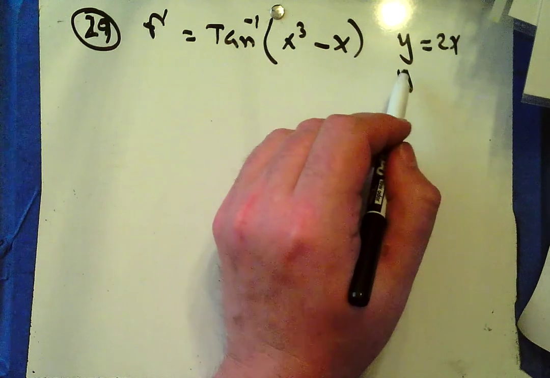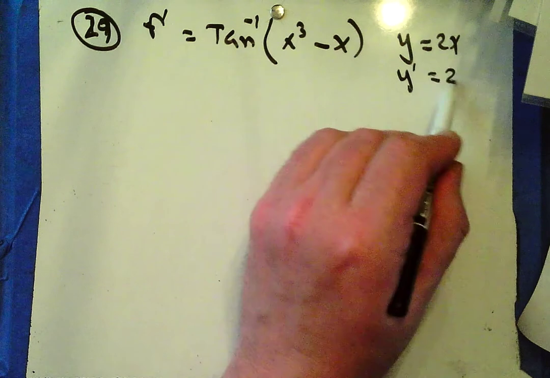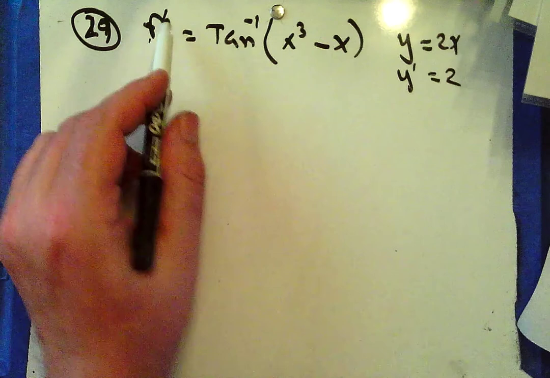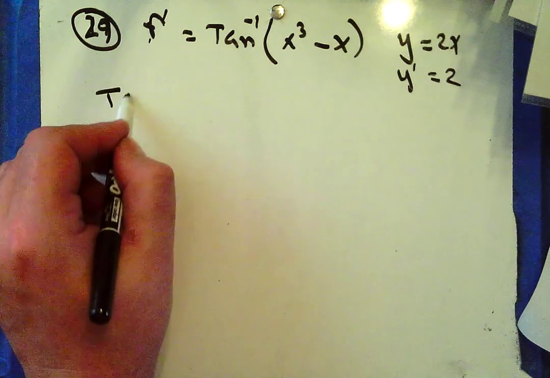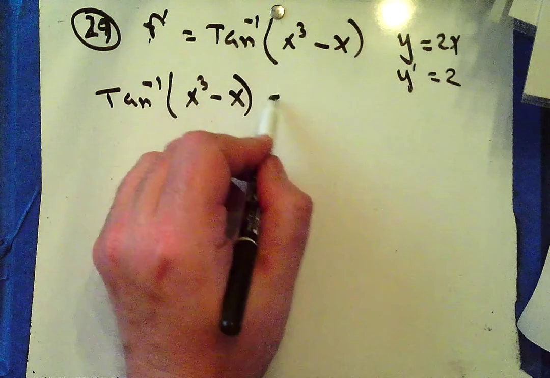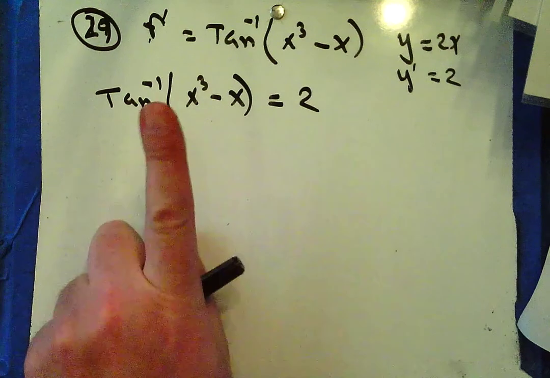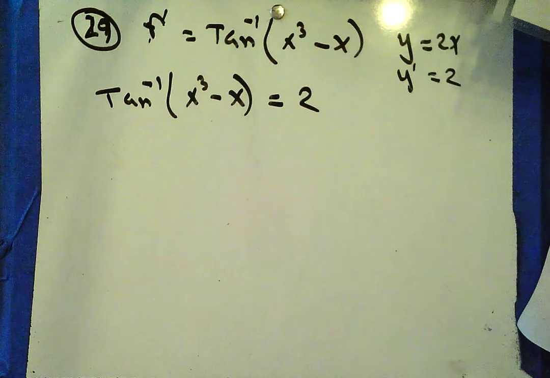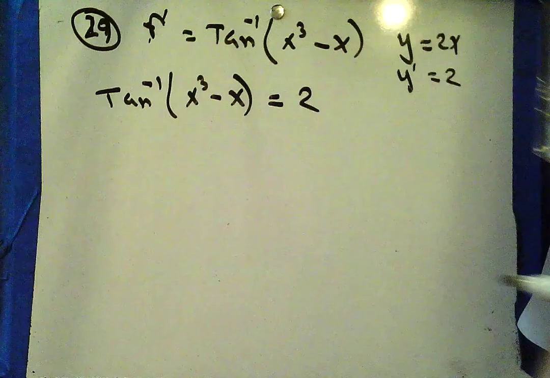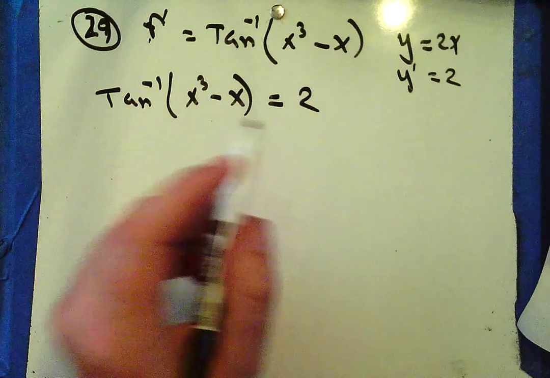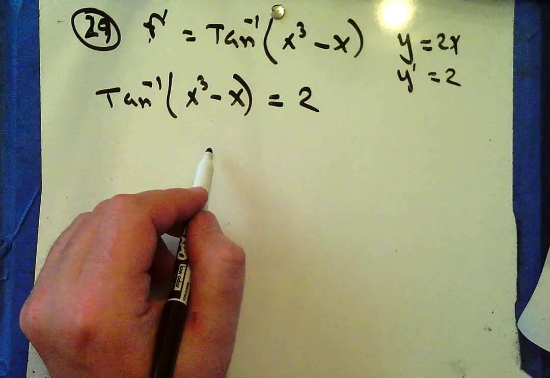The slope here is 2, so the slope of f must be equal to 2. So tangent inverse of x to the third minus x equals 2. I'm going to graph this in y1, graph this in y2, and find my points of intersection. When I do that, I get choice A.